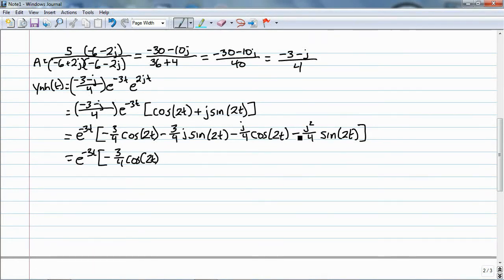We have a negative j squared. j squared is negative 1, so that turns it into a positive.